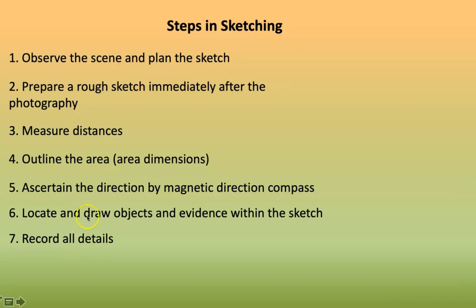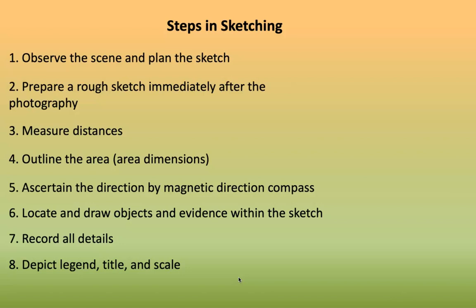Now in recording all the details, here we are making the notes actually, okay. And then we need to write down the list of the legends, the title, and whether the sketch is to scale or not to scale. You know, to scale on the graph papers we used to make that one small square is equal to 1 millimeter or one big square is equal to 1 centimeter, like that.